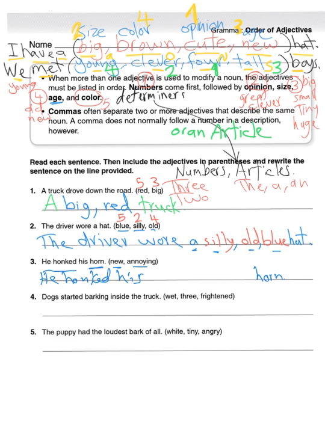As we said, I need to label them. First, I have new, which is the what? The age, so it takes number 4. And I have annoying, which is my opinion, number 2. So what shall I say? He honked his annoying new horn, and I'll put a comma between the 2 adjectives.